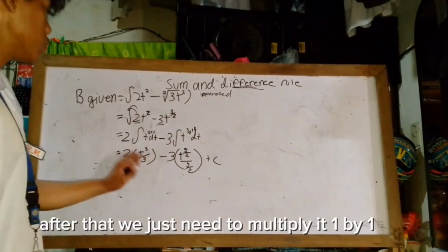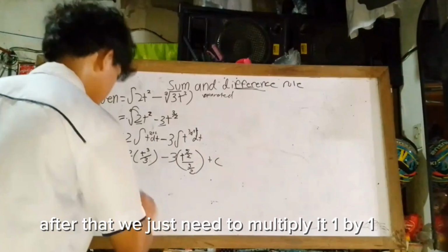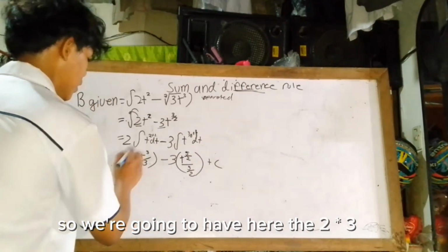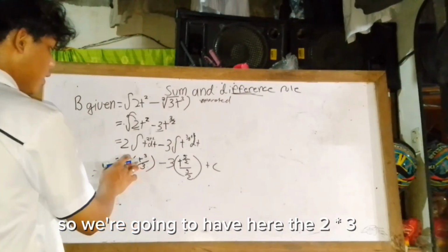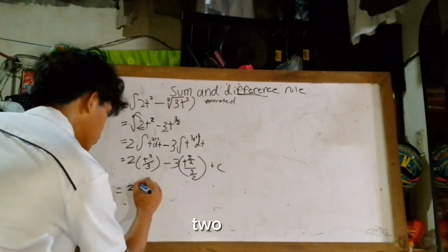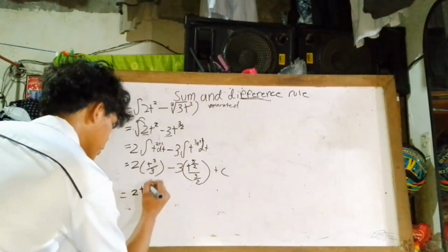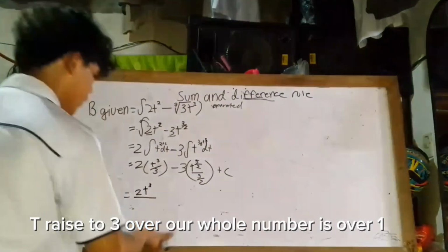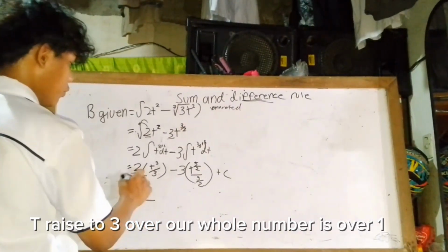After that, we just need to multiply it one by one. So we're going to have here 2 times t raised to 3 is equal to 2t raised to 3 over, our whole number is over 1.